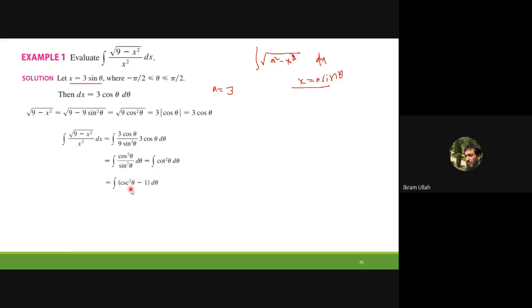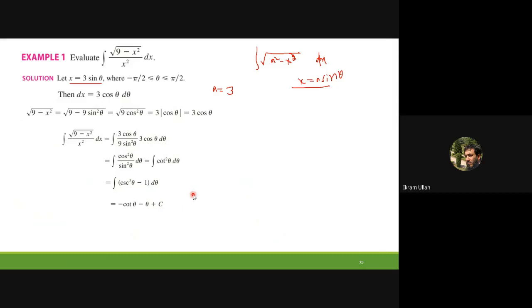Now applying the integration, the integral of cosecant square theta is equal to minus cotangent theta, because the derivative of cotangent theta is minus cosecant square theta. So the integral of cosecant square theta is equal to minus cotangent theta, and the integral of this constant is minus theta, plus c, the constant of integration.